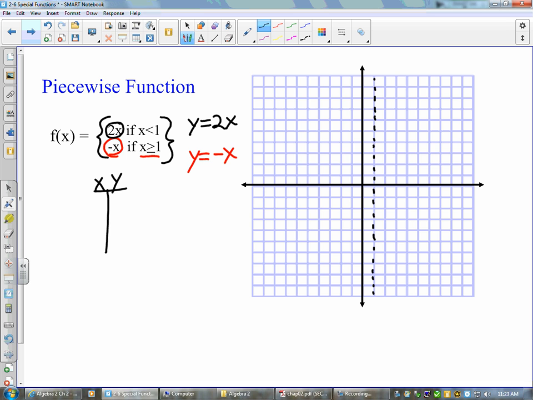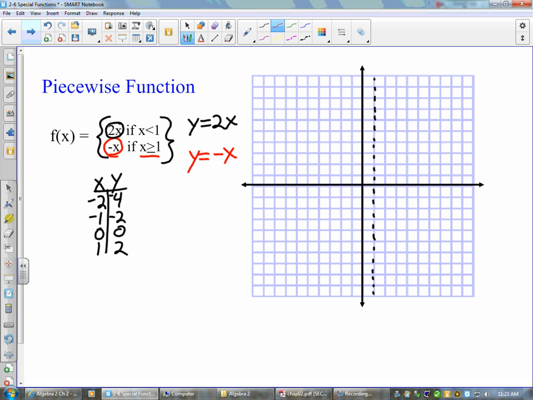if I pick smaller than 1, so we're talking negative 2, negative 1, 0, and we'll even figure out what 1 is, even though it won't necessarily include it. So that will be negative 4, negative 2, 0, and 2.